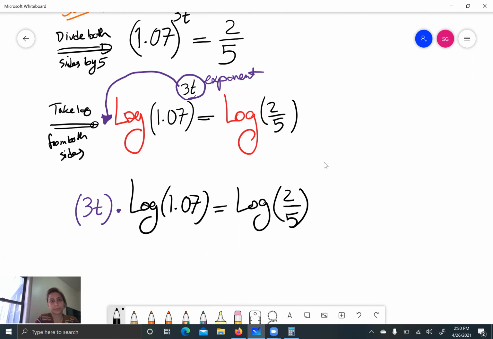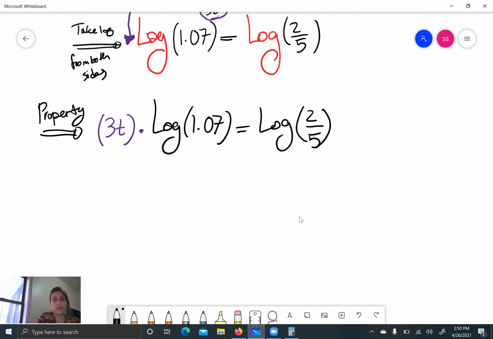Here I used one of the properties of the log function: if you have an exponent in the input of the logarithmic function, you can switch it and change its role to a multiplier.